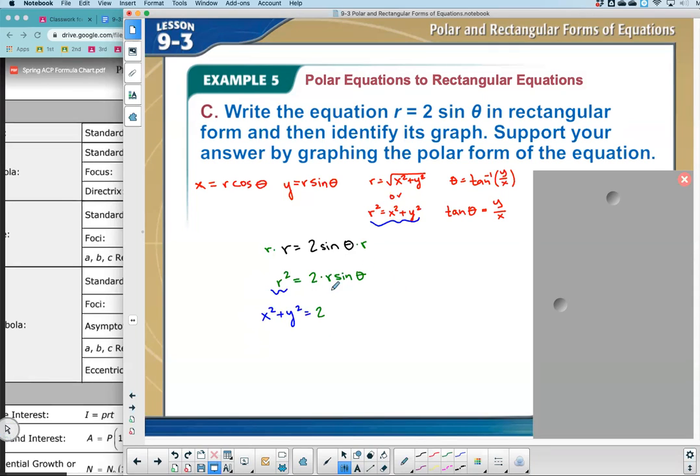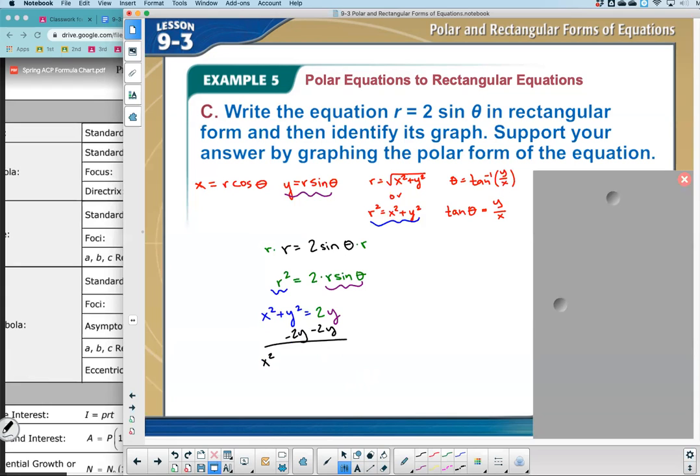And r sine theta is y. When we're dealing with multiple squares, we get our variables together, so I'm going to subtract 2y across.